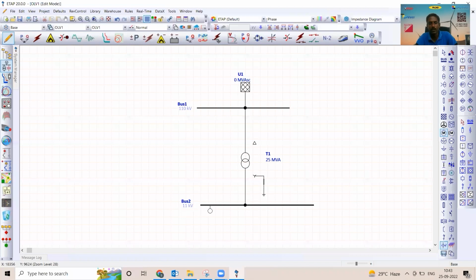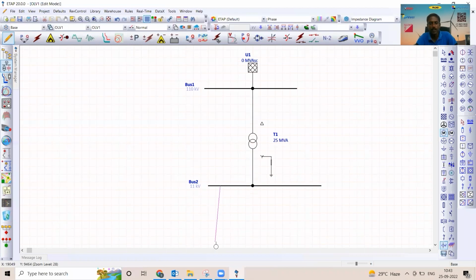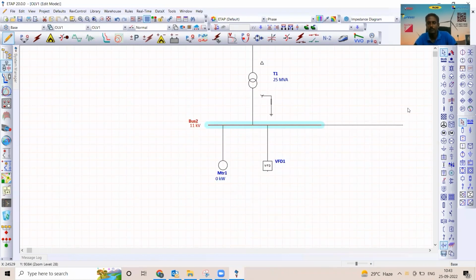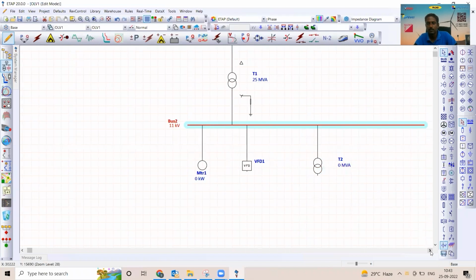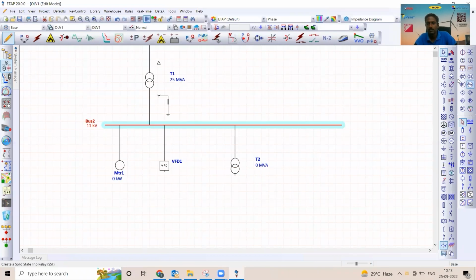I'm not going to model the cables and such. I'm just going to model a direct online motor versus a variable frequency drive, and keep comparing that with multiple other options. Why I am putting all these things in, you will come to know quickly.